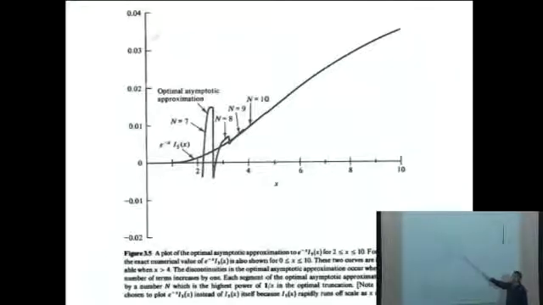But by the time x is about 4, you can't see the difference between the asymptotic approximation and the true exact curve. So 4 is very close to infinity. How close do you have to get to infinity to count as infinity? Well, 4 in this case.